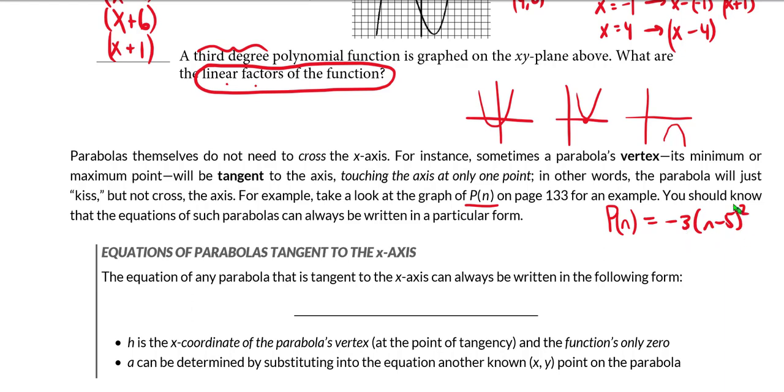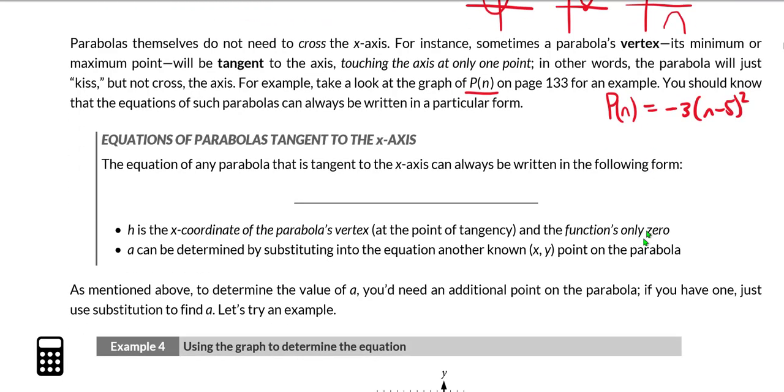This p of n function, we actually have it written in the form that we need to be aware of. All parabolas that touch or are tangent to the x-axis can be written in the form y equals a times parentheses x minus h squared.